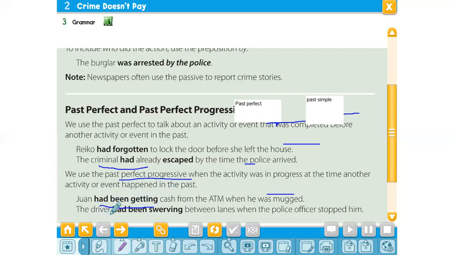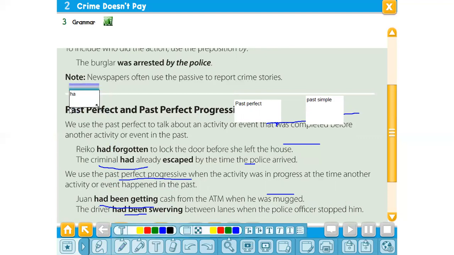The driver had been swerving between lanes when the police officer stopped him. It took a long time in the past. Okay, so we will write the form of past perfect here. What is the form of past perfect? Excellent. Had plus past participle.